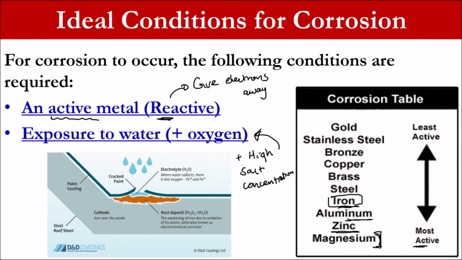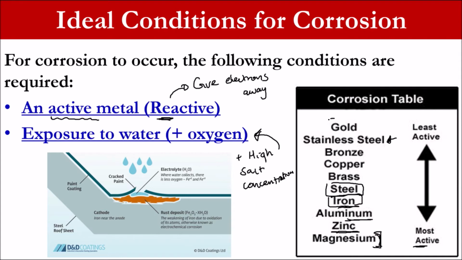You have steel, which is a form of iron alloyed, and then you have stainless steel, which is this one up here, which is a complex mixture of different metals that makes it really difficult to corrode the piece of metal.